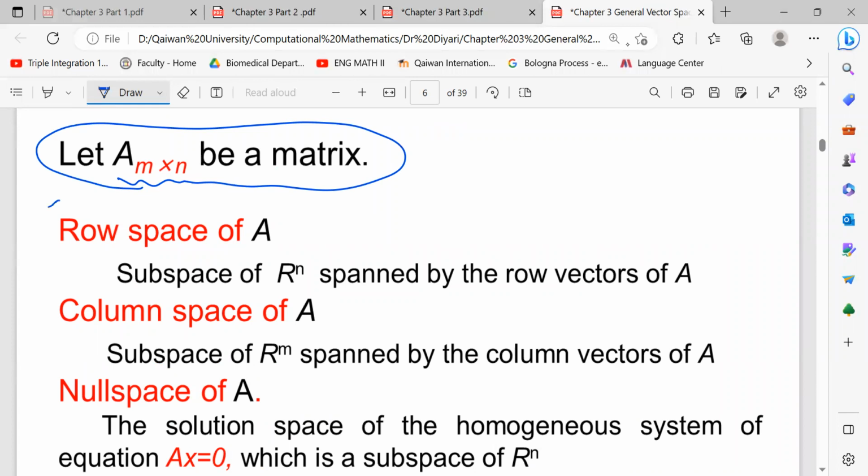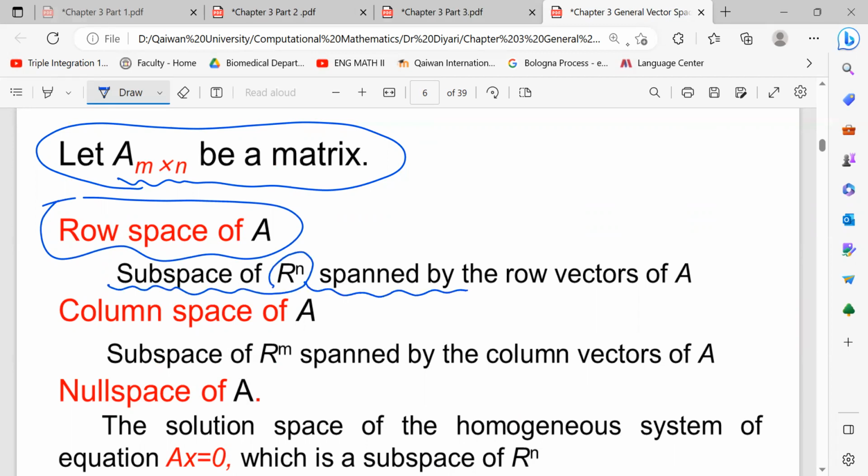We say the row space of matrix A is the subspace of Rn spanned by the row vectors of A. It means all the vectors in Rn which are spanned by the rows of the matrix.